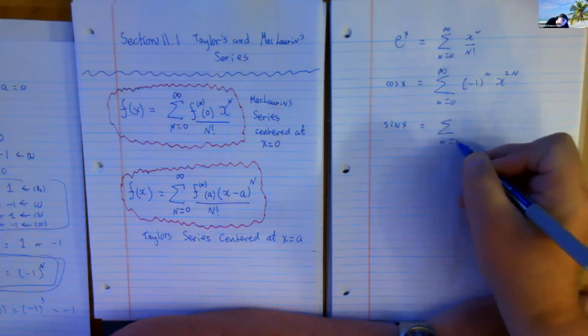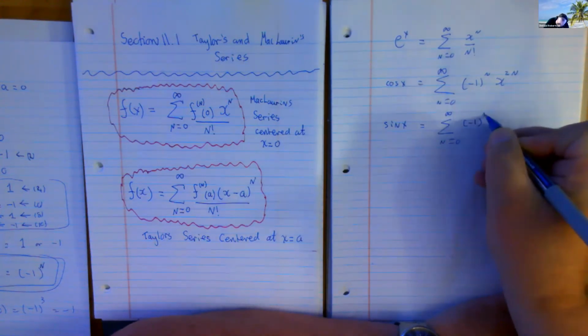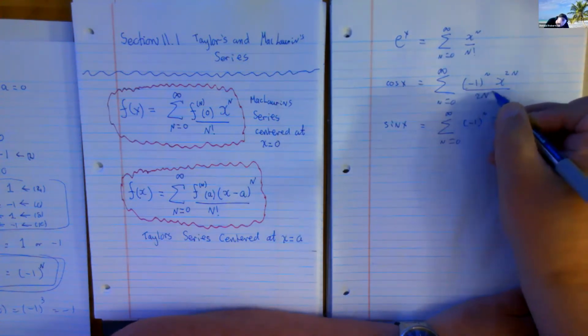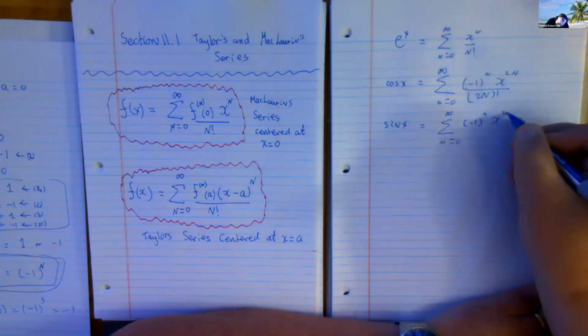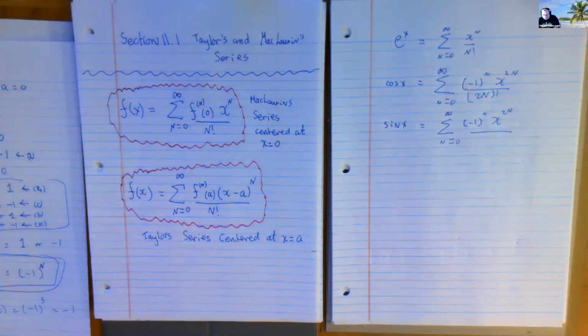Here is sine x. Can you have a guesstimate what the power series for sine x might look like? Because it would have a very similar kind of situation to that cosine one that we just fought our way through.